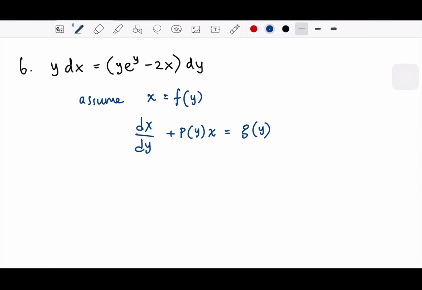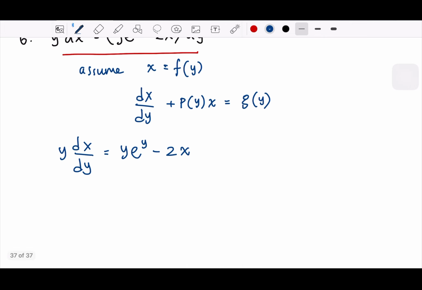So we take this equation and make it into dx over dy. Let's start by making this dy like this, and then divide all by y and move some parts to the left.